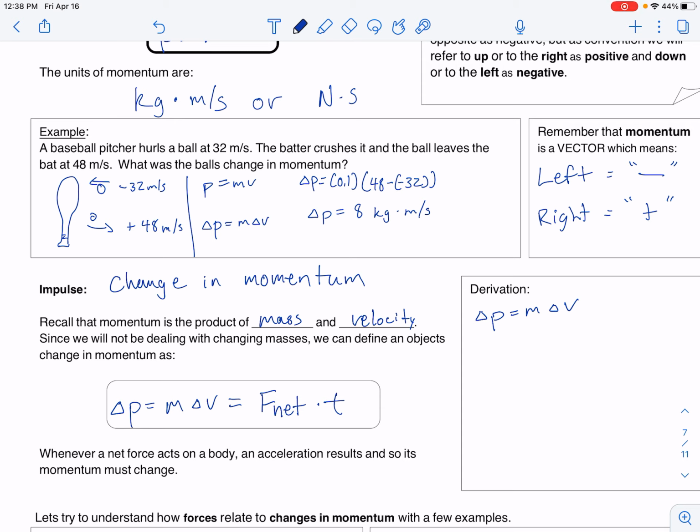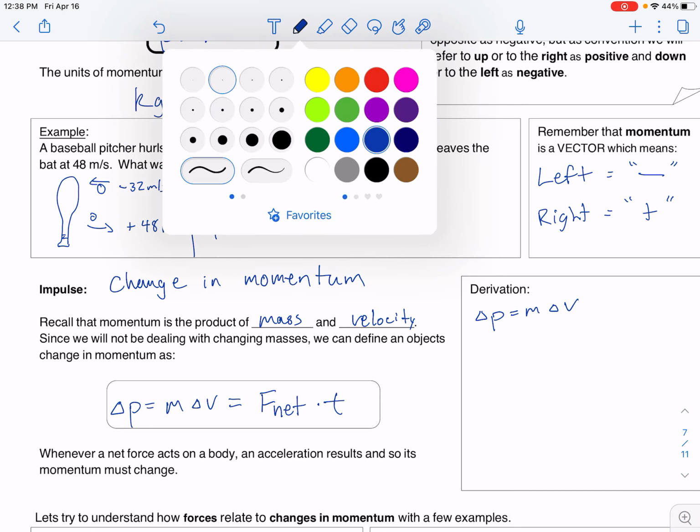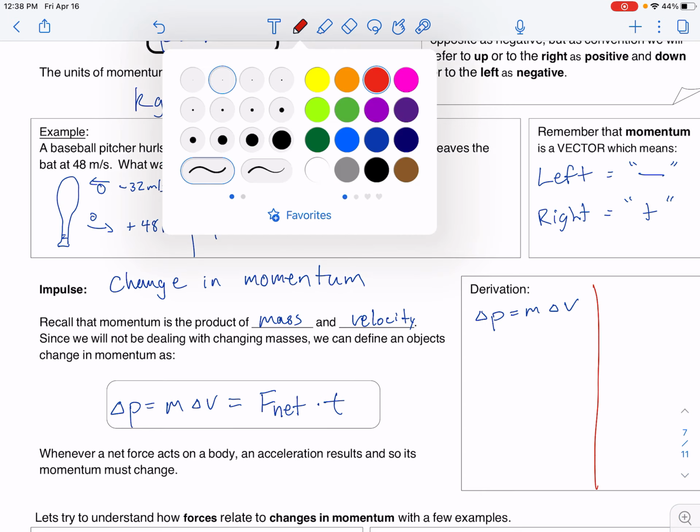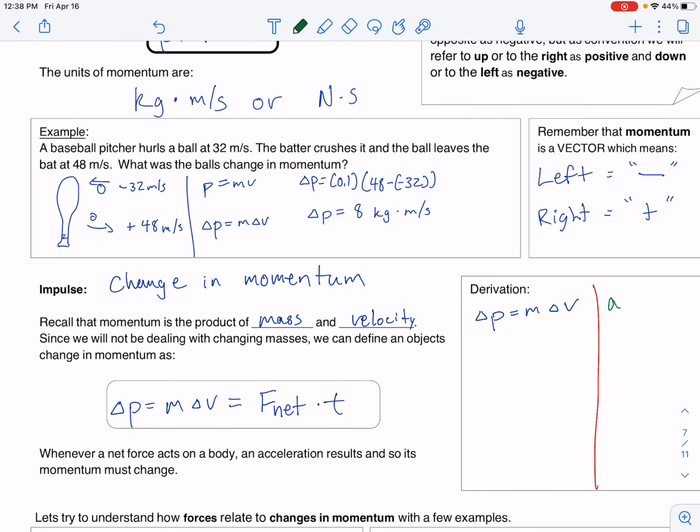I'm out of power in my pencil. So remember that acceleration is just our change in velocity divided by time. And then we can solve for this, which also means that change in velocity is acceleration times time. So we can plug this into our formula.